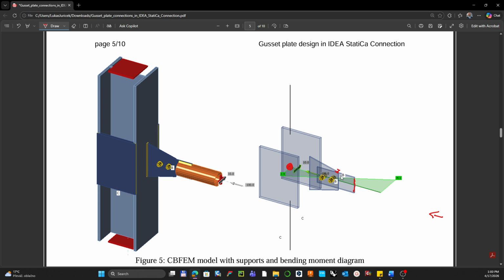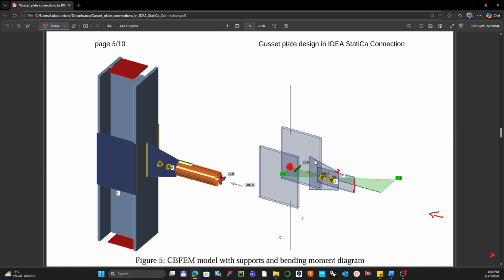So it starts to deflect, because you are just decompressing the member. So it leads to a primary deflection and rotation.